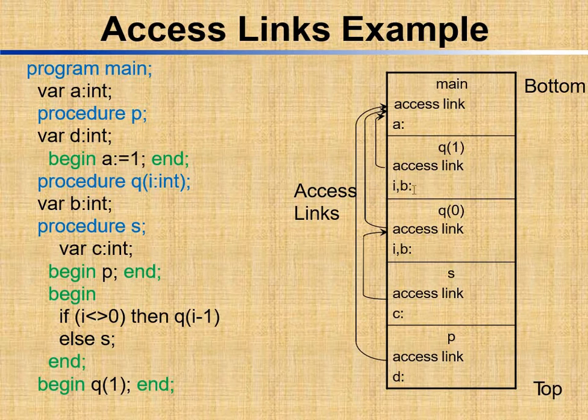When i is not equal to 0, procedure S will be called. This procedure has been called from Q because of Q0, and Q0 has been called from main, so we have to point the links accordingly.